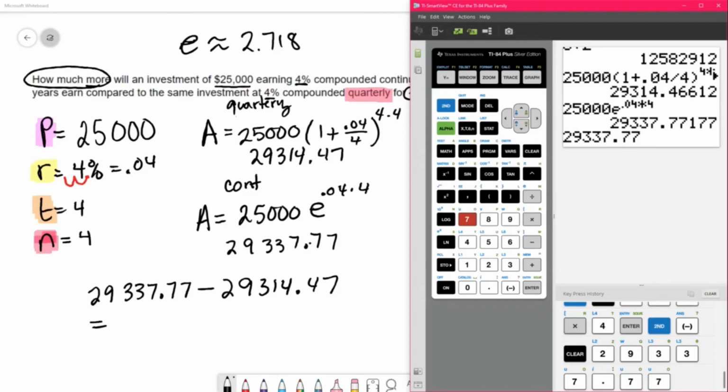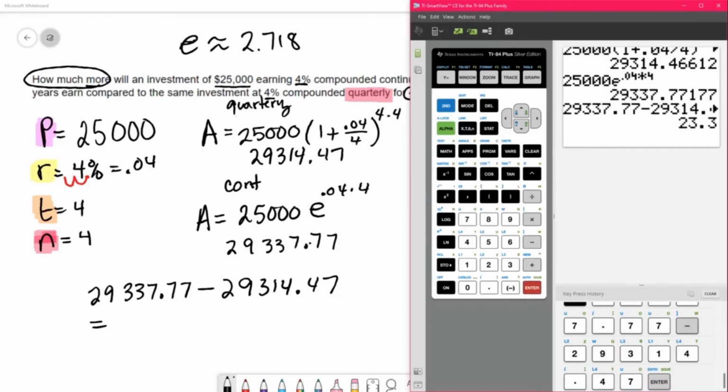And we're going to subtract 29,314.47. That gives us a difference of $23.30.